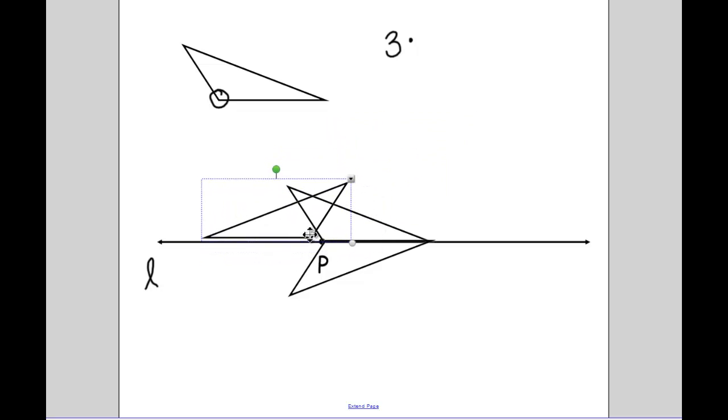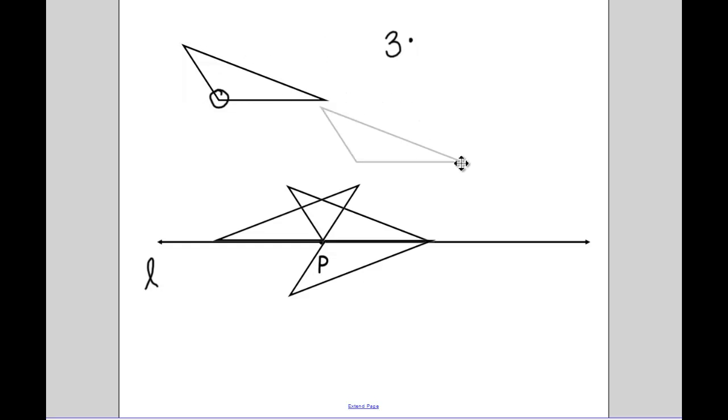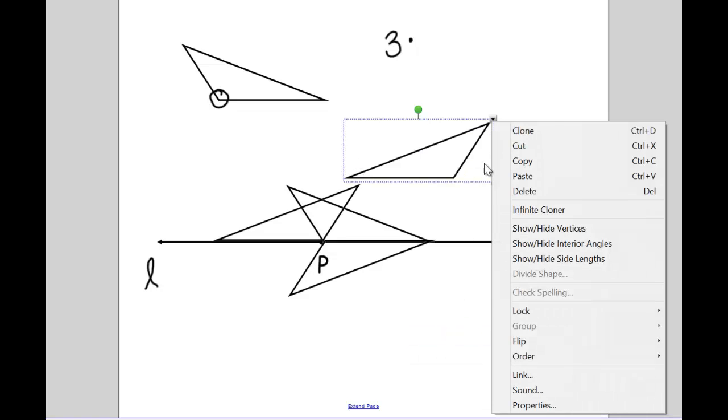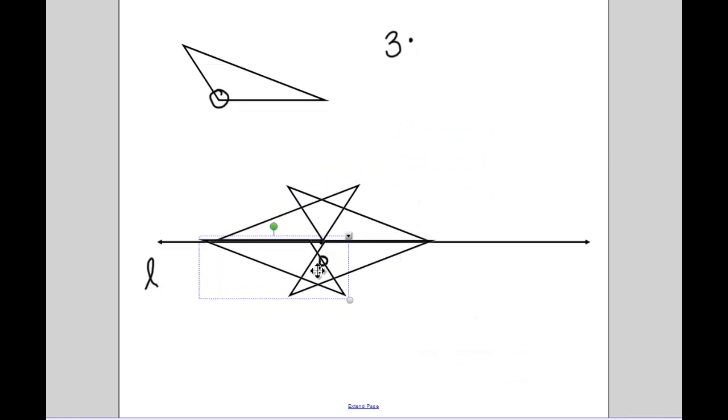There's another possibility. All right, let's flip this again. Flip it, and then flip it again. So there we have 4 different possibilities.